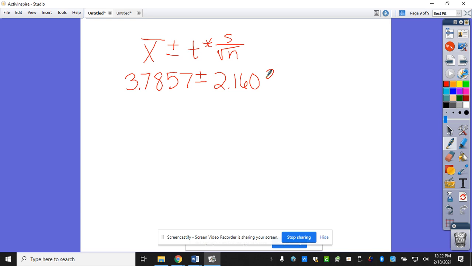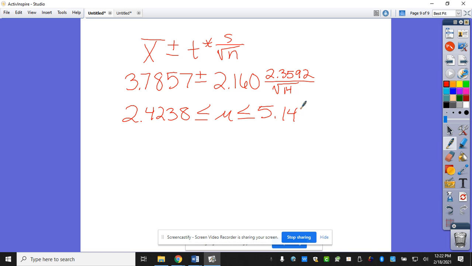Your s, not sigma, should have been 2.3592. And your n was still 14. So your lower bound should get 2.4238, which is less than or equal to mu, which is less than or equal to 5.1476.